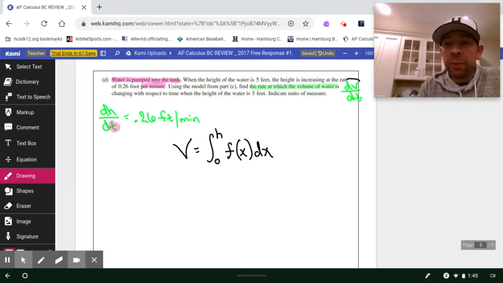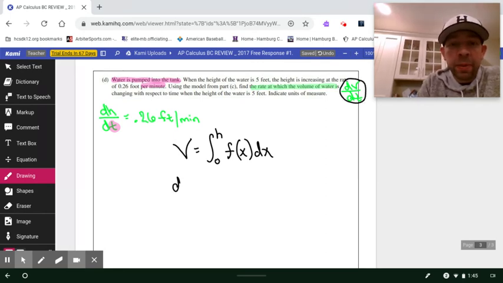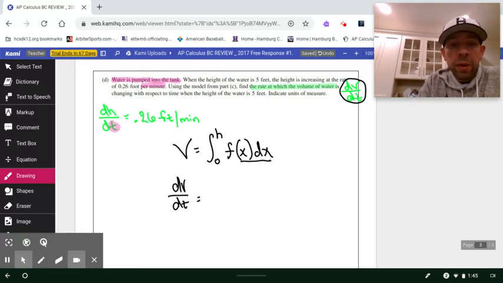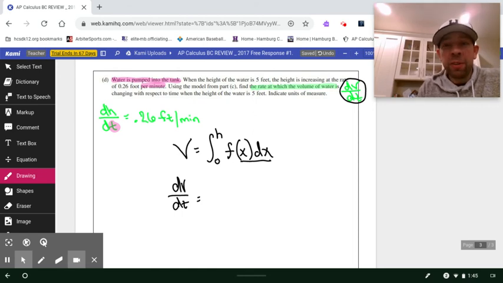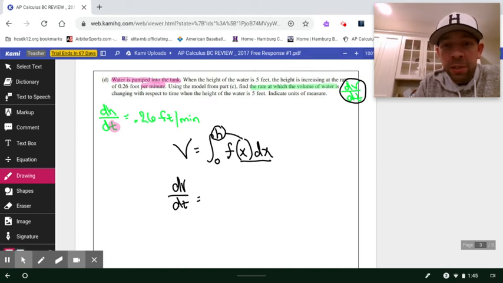And of course, we want to derive it with respect to t. So we'll say dV/dt equals. Now, I'm going to do a couple of things. Just remind yourself that we're deriving with respect to t. So we're going to use that second fundamental theorem. And the first phase says substitute this h in for this x.